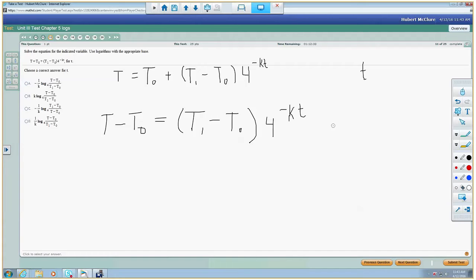How many terms are on the right side? 2. What are the terms? T sub 1 minus T sub o is one term. And then 4 to the negative kt. Which one has the little t in it? Okay, so what do we need to do with the first one? Do we need it? No. So divide by it.